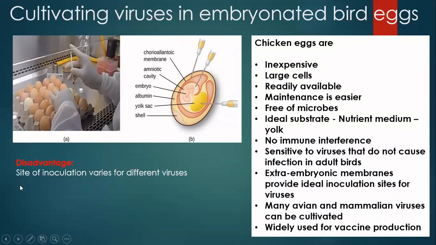The disadvantage of using embryonated eggs for viral cultivation is that for growth of different viruses, you need to vary the site for inoculation, and this requires a lot of expertise. So this was information relating to cultivating viruses in embryonated bird eggs.